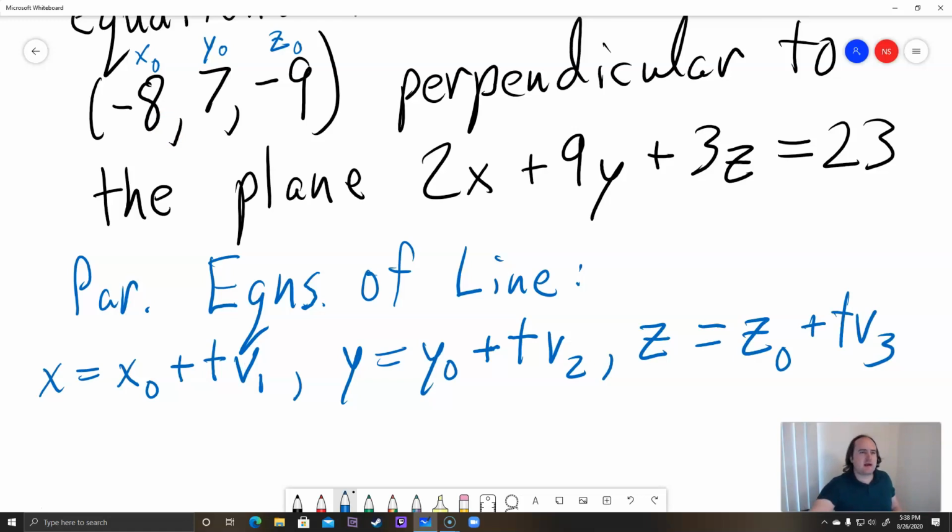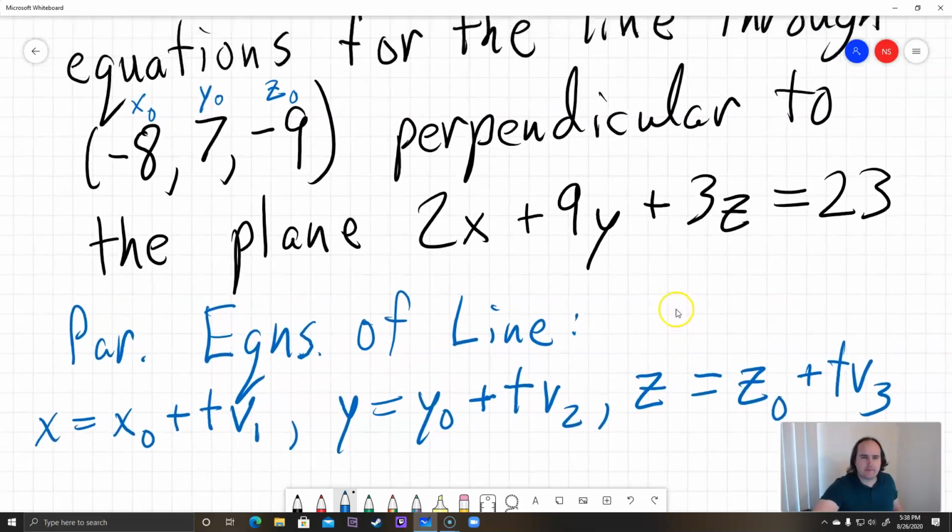Right, and we already have our x naught, y naught, z naught. That's for the line passing through the point x naught, y naught, z naught. But now we need our vector v1, v2, v3. And that vector has to be parallel to the line.